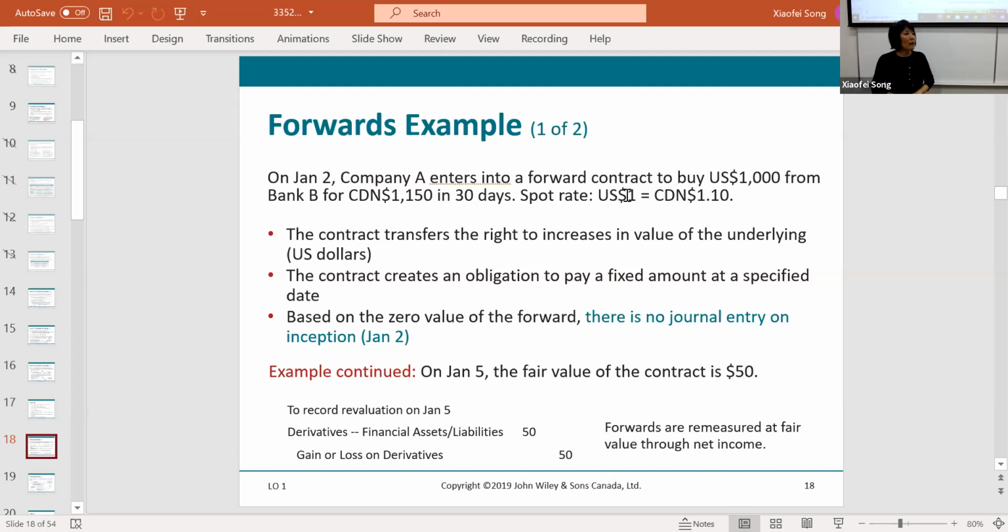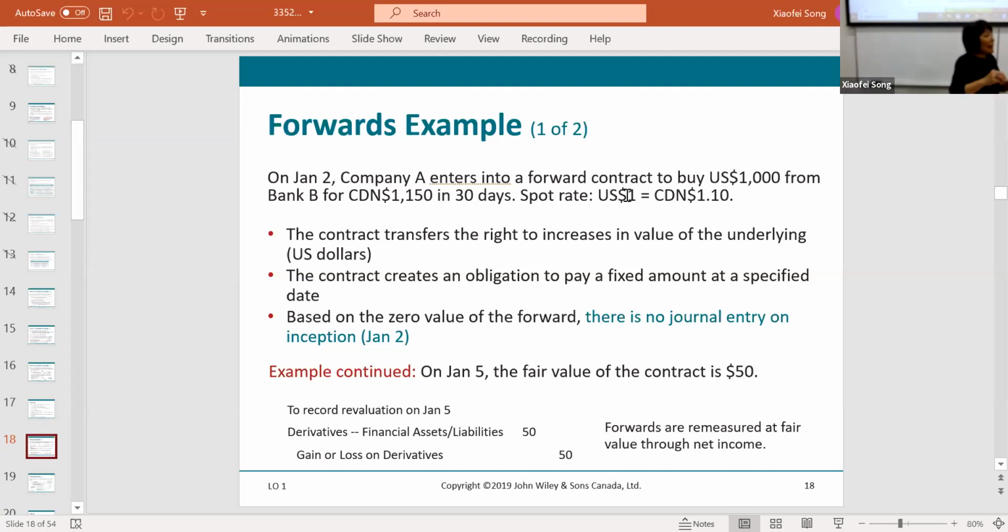One possible scenario is maybe company A had entered into a contract, it needs 1,000 US dollars in 30 days. It has no US dollars, it has no Canadian dollars right now, but it will have to pay $1,000 US. It has some kind of agreement.